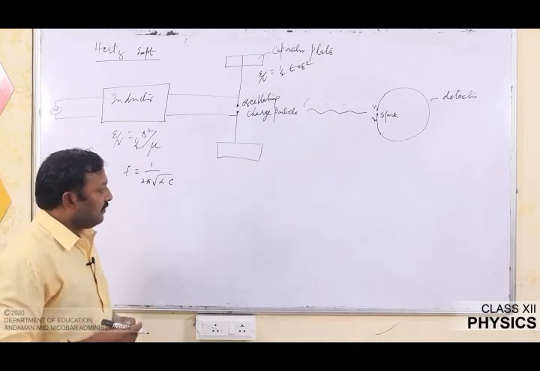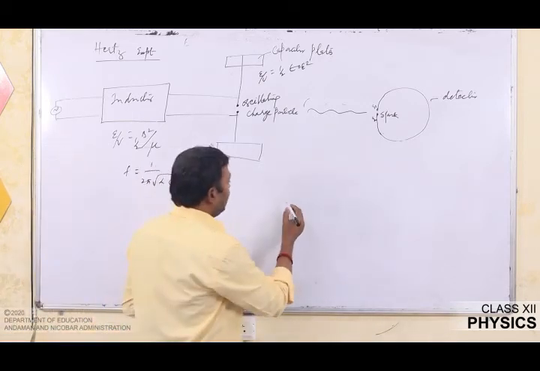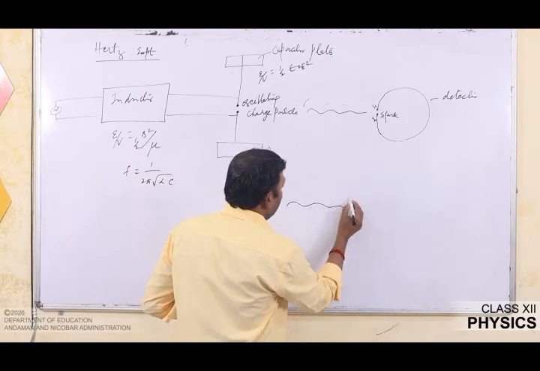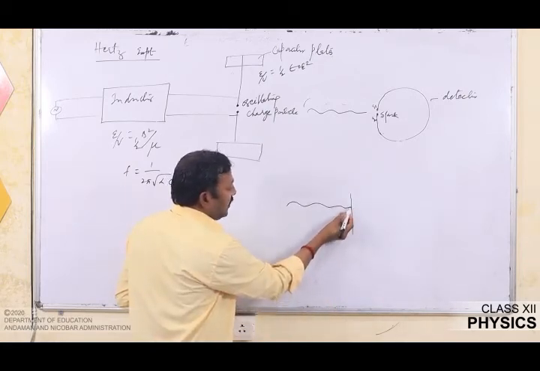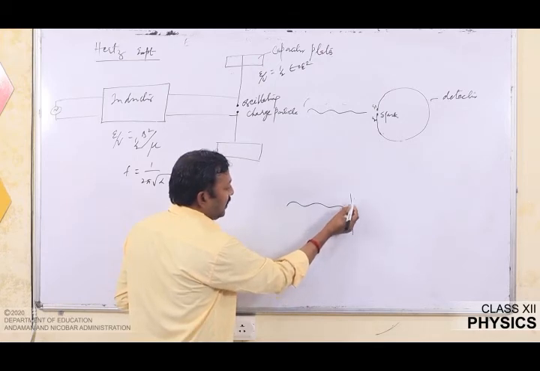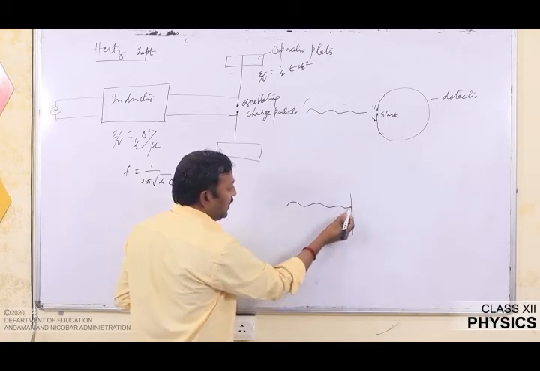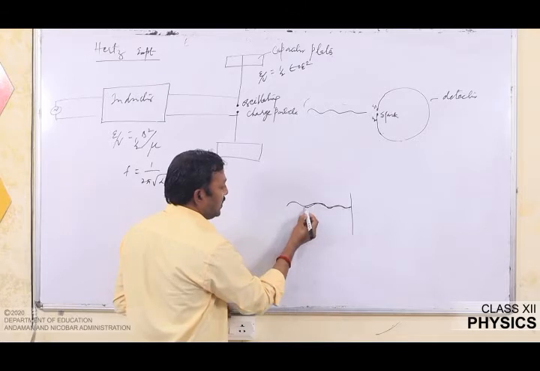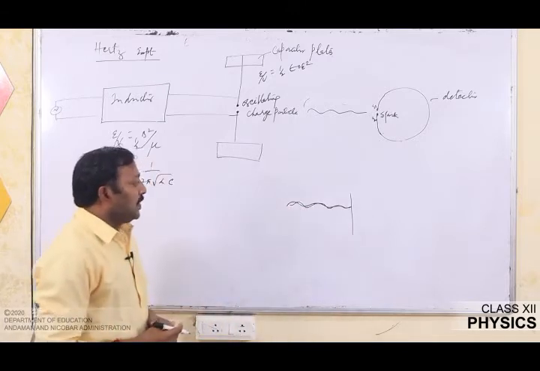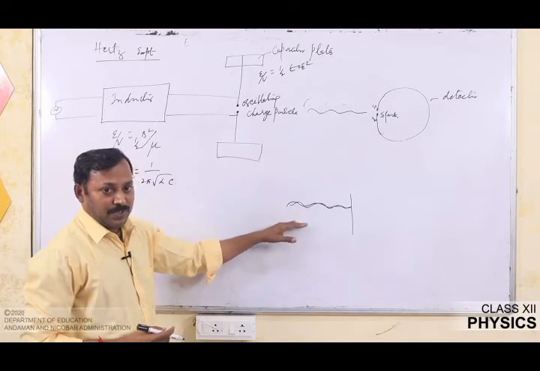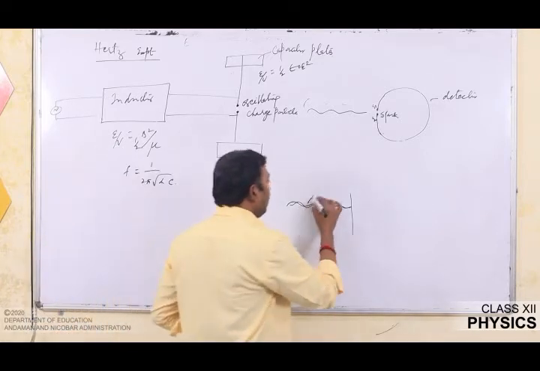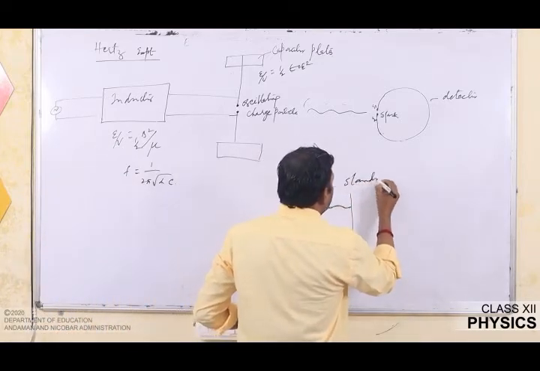For the case of reflection, what Hertz did was he took the electromagnetic waves and allowed them to fall on some target material, and then he made the electromagnetic waves reflect from the target, and when they reflect, they superimpose with each other. When the 2 waves, that is, the incident wave and the reflected wave, superimpose with each other, we get a standing wave.